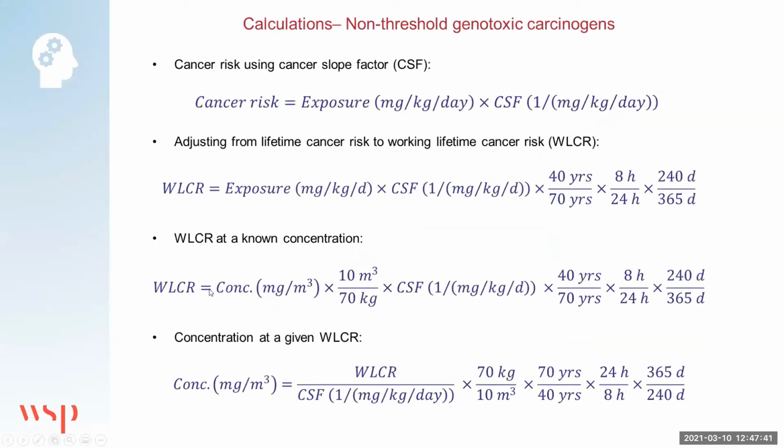Now, these were the calculations. I'm not going to go through these in any detail right now. I'll point out this is the working lifetime adjustment here, 40 over 70 years, so here's the continuous, 70 years, 24 hours a day, 365, adjusted for 40 years, 8 hours a day, 240 days. If you go to the guidelines on the website, this is all explained a bit better, or we can discuss these offline for those who want to get deep into this part of it.